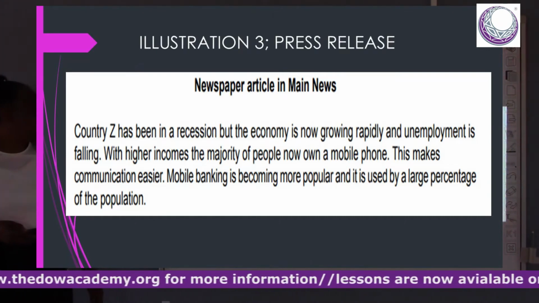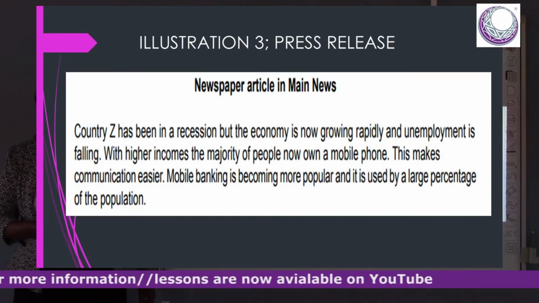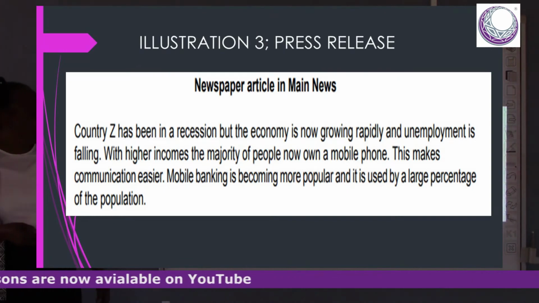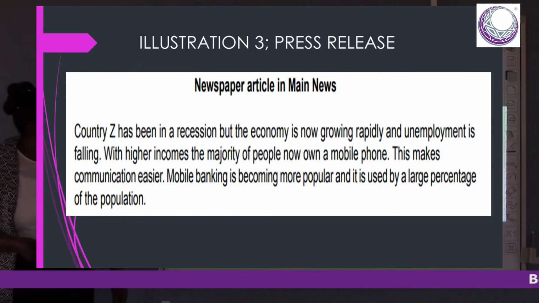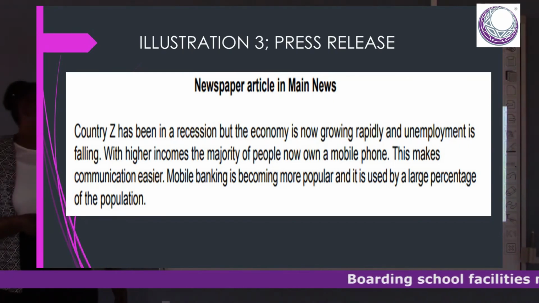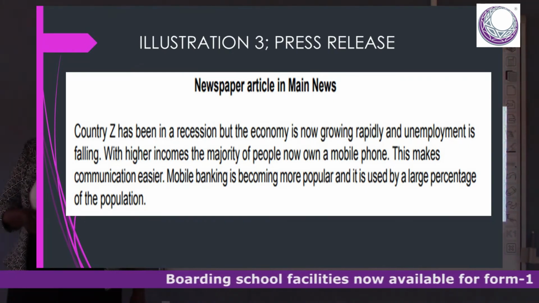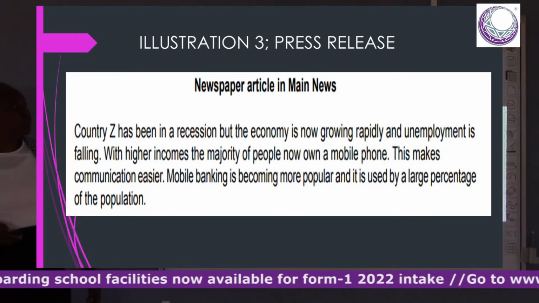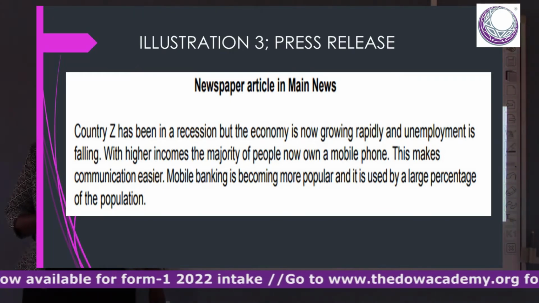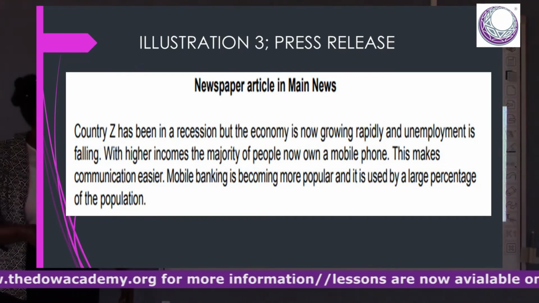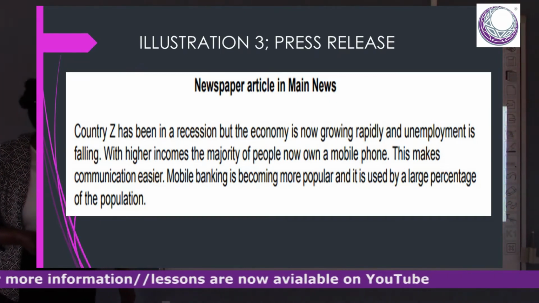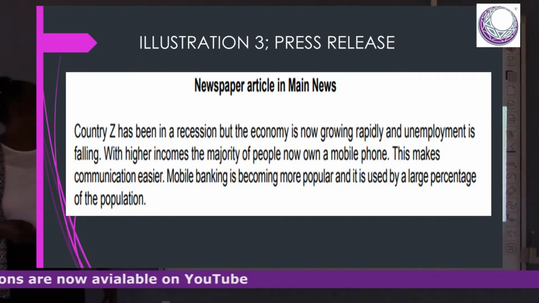This makes communication easier. Mobile banking is becoming more popular, and it is used by a large percentage of the population. Yes, this is very good information that will show you what is in the business environment, particularly the economic environment and the market as well.